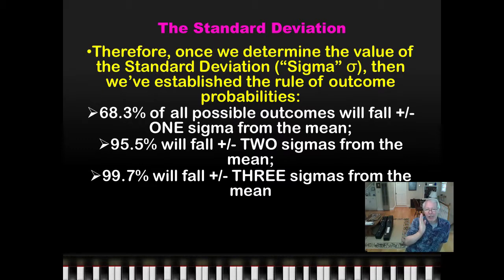Now take that same number, the central tendency, 10%, and subtract 2 sigmas and add 2 sigmas. That range will account for 95.5% of all possibilities. And finally, 99.7% of all possible outcomes will be plus or minus 3 sigmas from the mean, okay? And we will do the calculations.